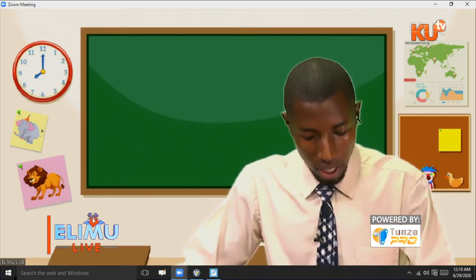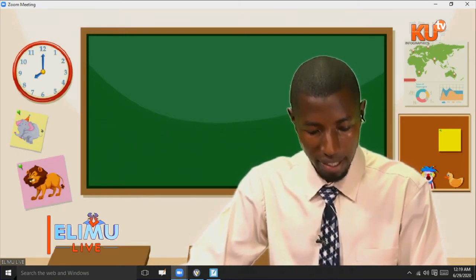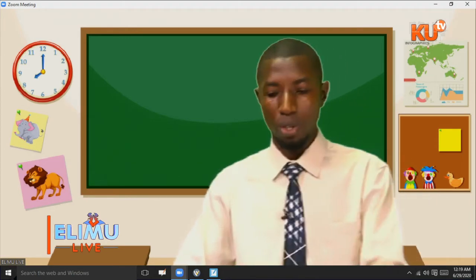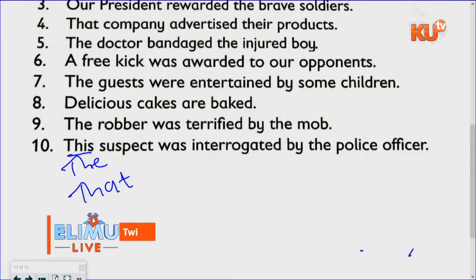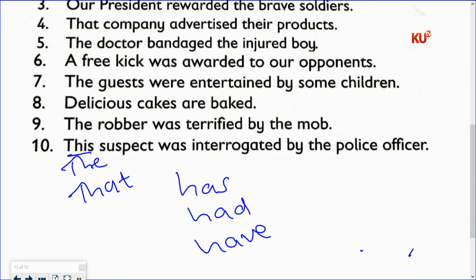How can one know a sentence in participle form? A sentence in participle form, you know it by the helping verbs. As I said earlier, has, mostly, not all the time, had, and have. But then you also know it by the verb.